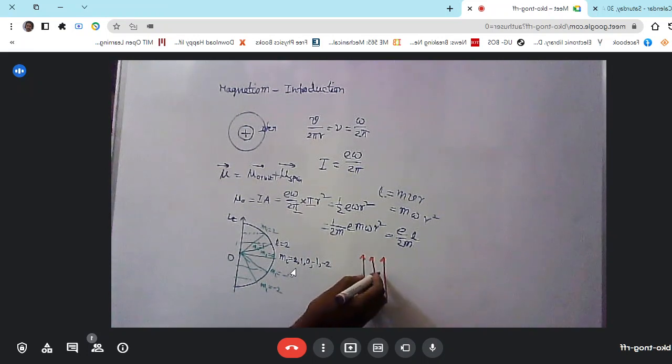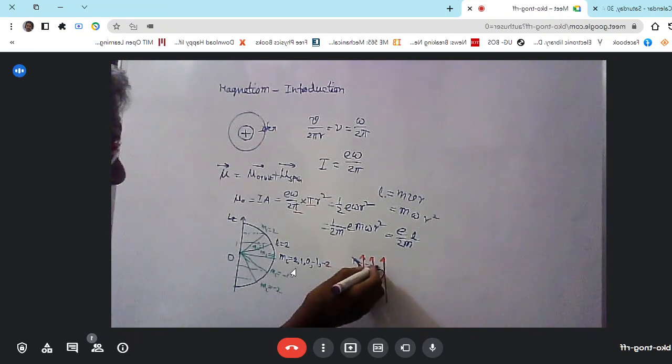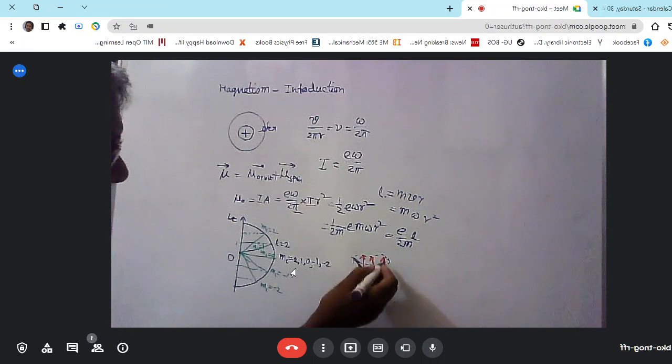Let us consider an orbit like this. Its angular momentum will be like this. This angular momentum vector will precess round the magnetic field. It will move along this.